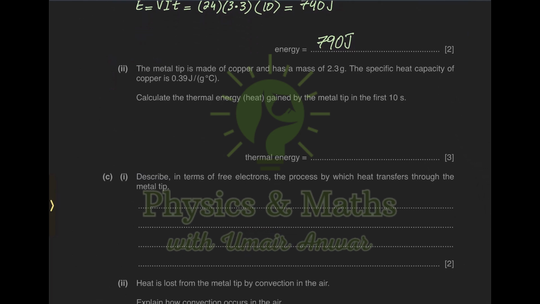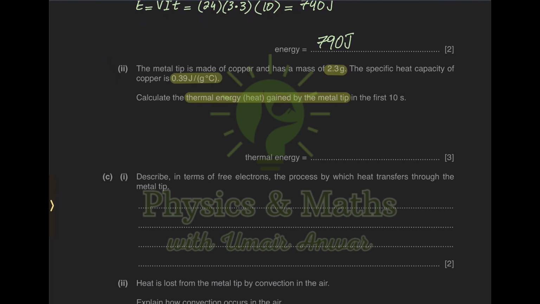The metal tip is made of copper and has a mass of 2.3 grams. This is the mass of the metal tip. The specific heat capacity of copper is 0.39 joules per gram per degree centigrade. Calculate the thermal energy, or the heat gained, by the metal tip in the first 10 seconds.